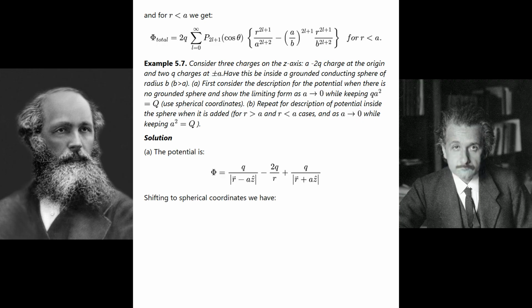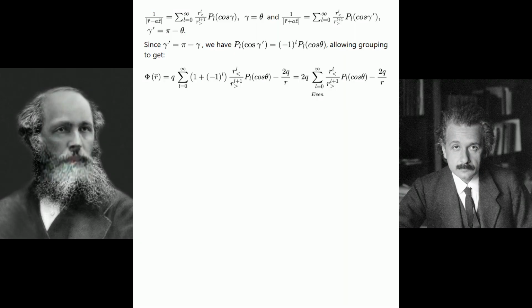see the equation shown. Shifting to spherical coordinates we have 1 over the absolute value of vector r minus a z equals the sum from L equals 0 to infinity of r sub less than to the Lth power over r sub greater than raised to the L plus 1 power P sub L of cos gamma, gamma equals theta, and 1 over the absolute value of vector r plus a z equals the sum from L equals 0 to infinity of r sub less than to the Lth power over r sub greater than raised to the L plus 1 power P sub L of cos gamma prime, gamma prime equals pi minus theta.